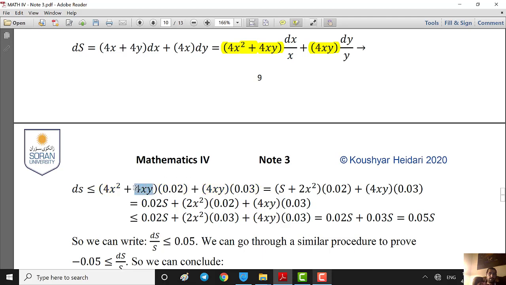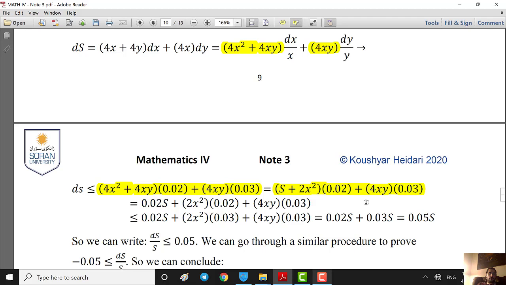Here in this part, 4x squared plus 4xy, because s is equal to 2x squared plus 4xy, we can write it in the form of s plus 2x squared, right? If we do that, this whole thing is going to be equal to (s plus 2x squared) times 0.02 plus 4xy times 0.03, right?